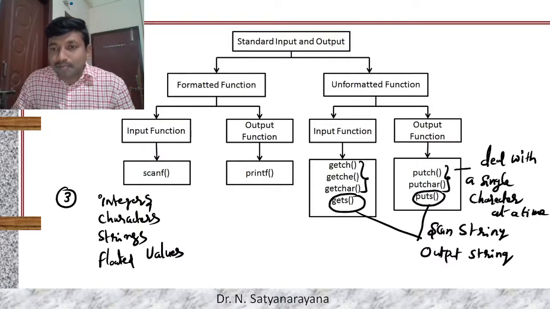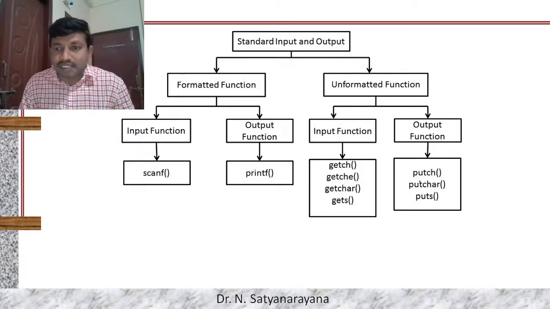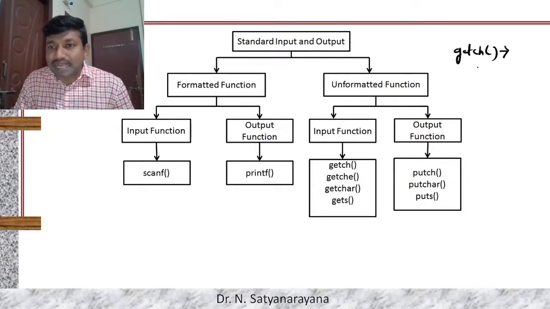And one more point I would like to stress upon here: maybe in the examinations people will ask you what is the difference between these. Say getch simply collects a character from the keyboard, but the character being scanned from the keyboard is not displayed on screen.